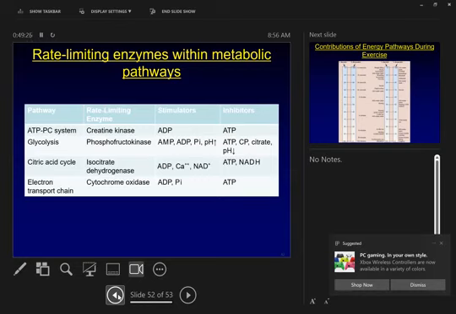And so it shows the pathway. So creatine phosphate, glycolysis, they're calling it citric acid cycle. This is Krebs here, electron transport chain. It talks about the actual rate limiting enzyme. It talks about the things that stimulate those pathways, and it shows the things that inhibit them. I want to point out, what is the common thing that stimulates metabolism?